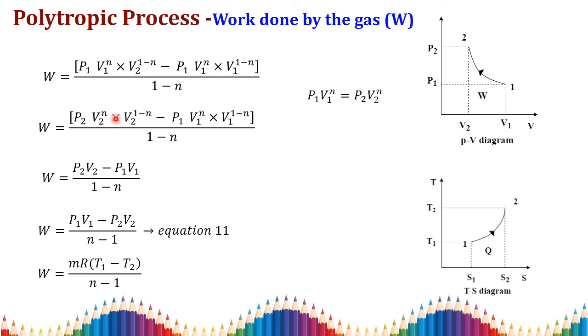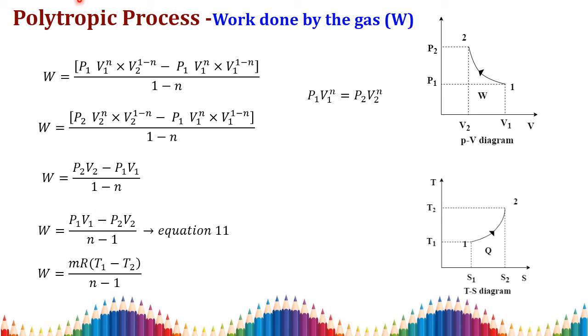Here the bases are the same, so we can add powers: n plus 1 minus n, so n minus n will get cancelled, and the term becomes V2. Similarly, we will get P1 V1. So by solving the simple equation, we will get work done is equal to (P2 V2 minus P1 V1) by 1 minus n. Again, I am multiplying a minus sign to the numerator and a minus sign to the denominator. Then you will get (P1 V1 minus P2 V2) divided by n minus 1.